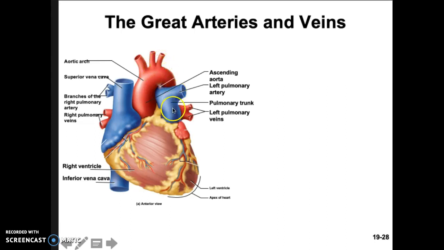Then we have the pulmonary trunk. The pulmonary trunk is attached to the right ventricle, and blood from the right ventricle moves into the pulmonary trunk.